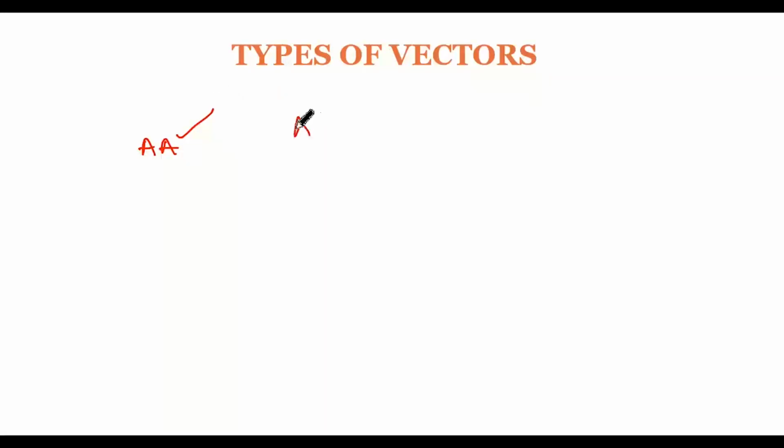You can have A here and A here and put the arrow on top. So this is a zero vector. Likewise, the initial point is B and the terminal point is B, so you have a zero vector. That is the first one. So I can write here: zero vector.